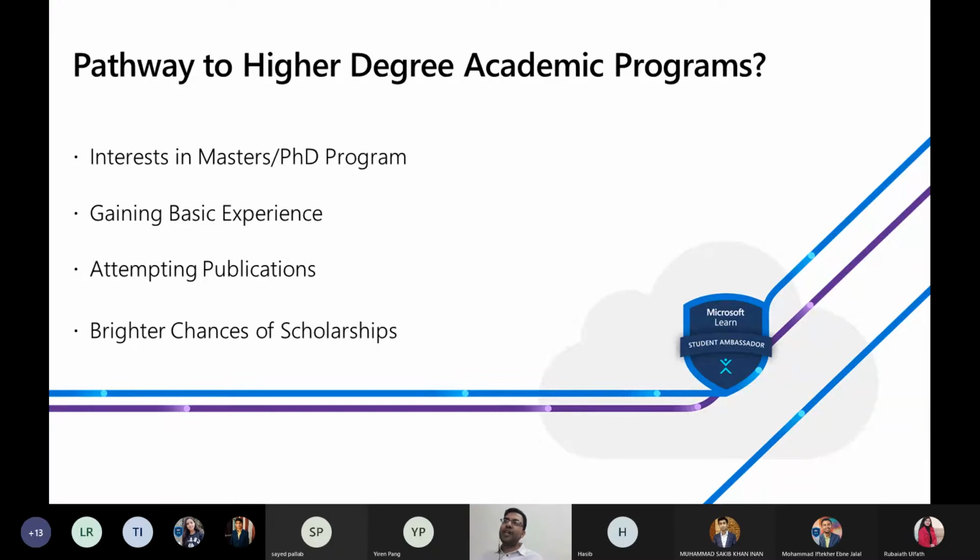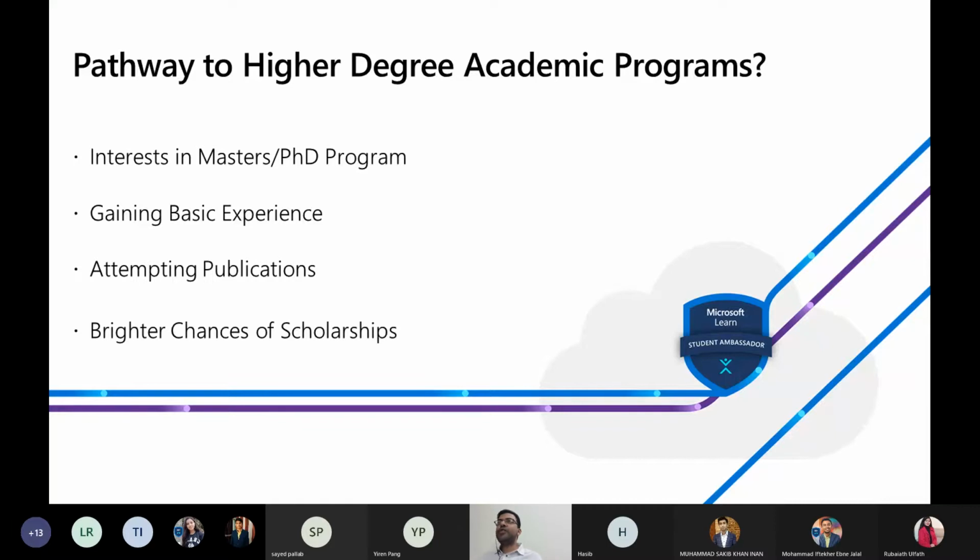Even if you don't have the target to do a PhD, that's okay. PhD is extra; it's an additional thing. But a research-based master's program will introduce you to actual, real applications.